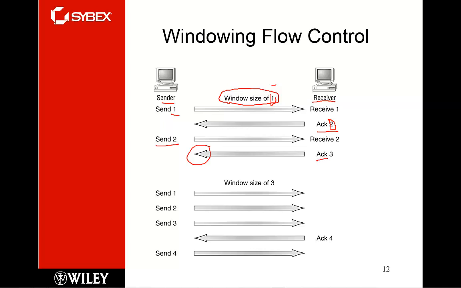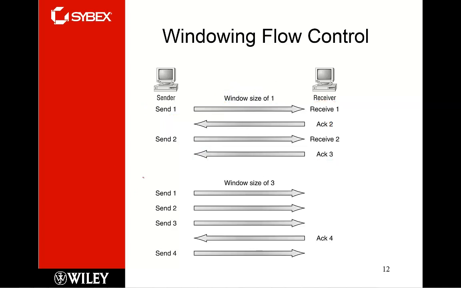An acknowledgement that 2 is received. And it might look odd to you, it says acknowledgement 3. It looks like an acknowledgement that 3 was received. Well, that's not how the standard protocol works. What we do is we say acknowledge, and we say the next one we want. So the next one we want is 3, and then the sender will go ahead and continue.